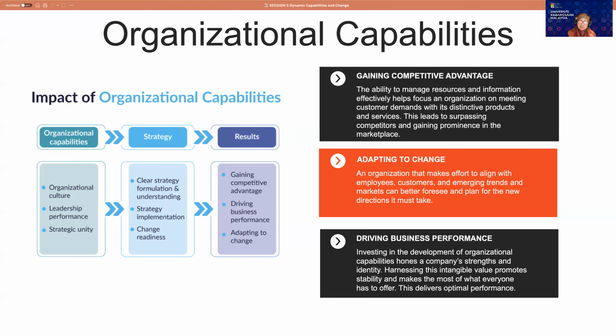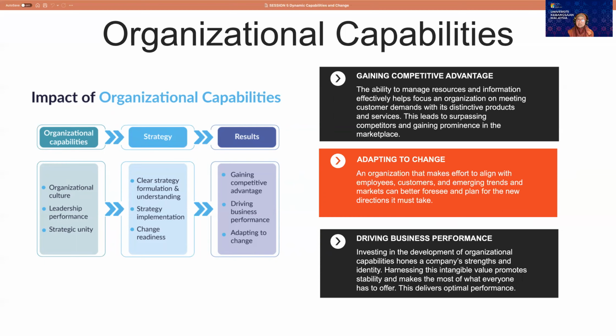The strategy must be clear, with a clear strategy formulation and understanding, and then we go to the strategy implementation. When you have strategy, definitely you have to change, and therefore you need to build the platform in terms of change readiness. With this put in place, you will get the results: you will gain competitive advantage and better business performance as a result of adapting to change.